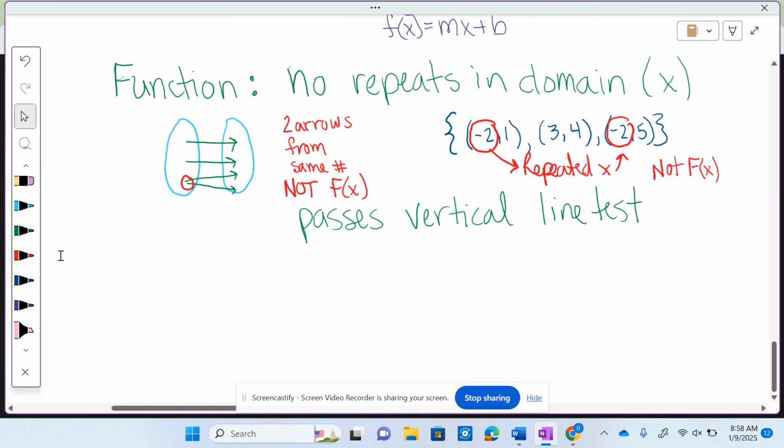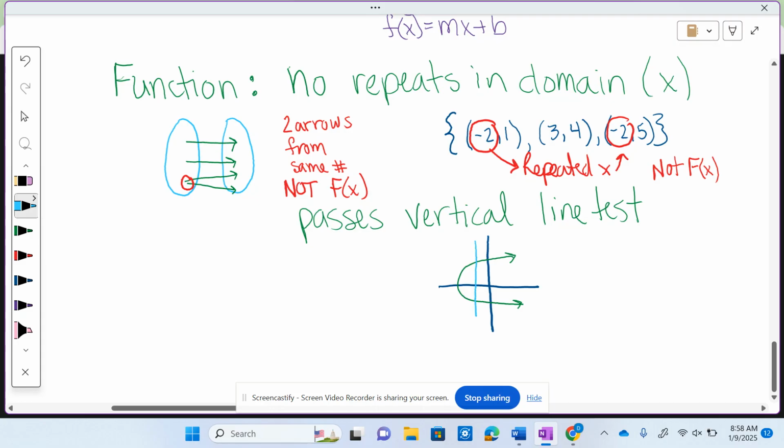Is that helpful? Okay. And then for the last one, that passes the vertical line test, I'm just going to draw a little sketch that looks like this. Would this graph pass the vertical line test? Why?